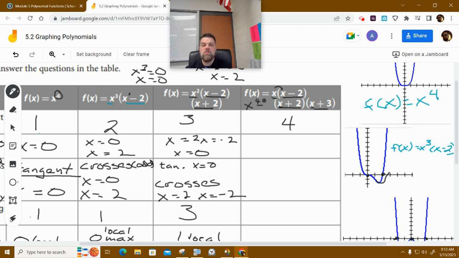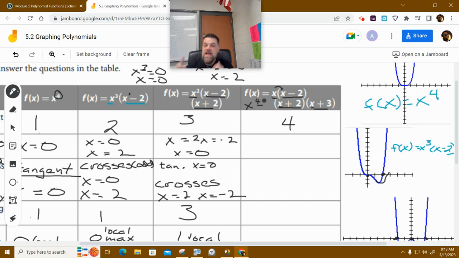Just use your hands and show me what an even power polynomial looks like. What would the graph look like for an even power? Yeah, it'd just be a U. Somebody did this.